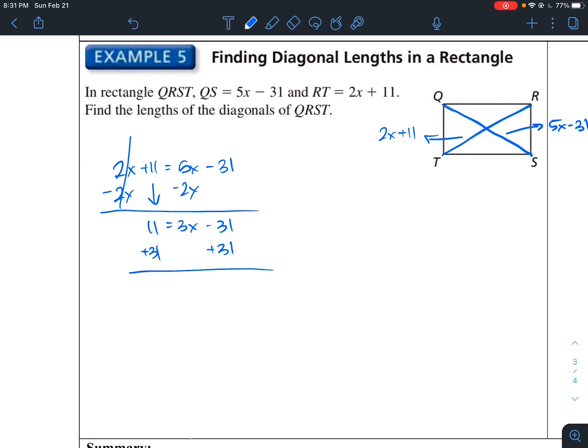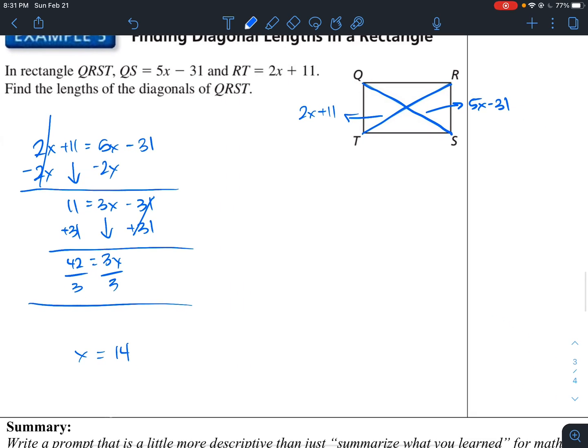So negative 31 plus 31 is 0. And I still have the 3x over here. And then 11 plus 31, that's going to equal 42. I can divide by 3. So then I get x is equal to 14.